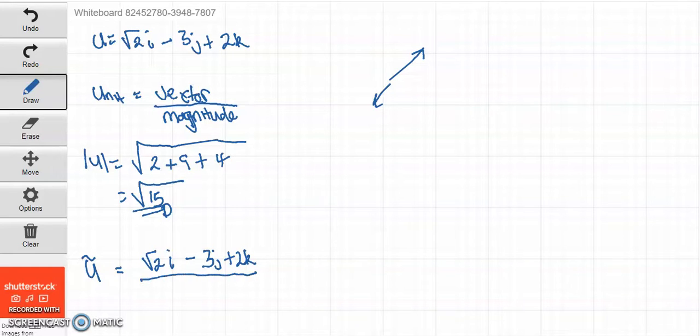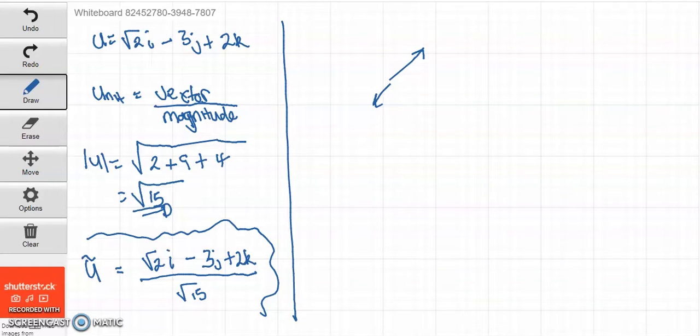And what is this magnitude? It's root 15. So this is the unit vector in the direction of u, but that's not what we want. We want the unit vector that is opposite the direction of u.